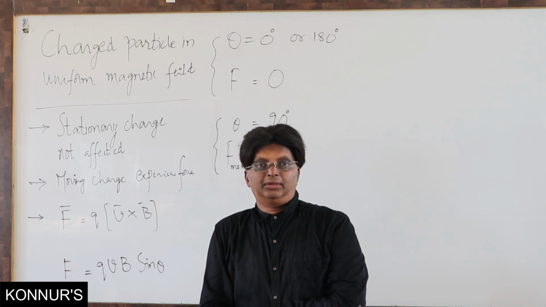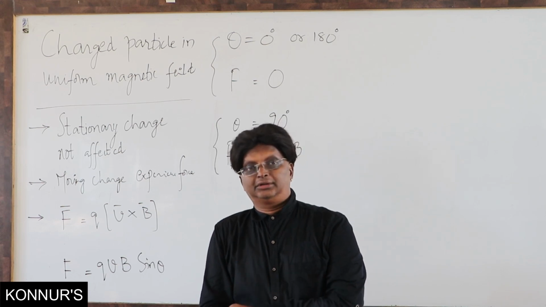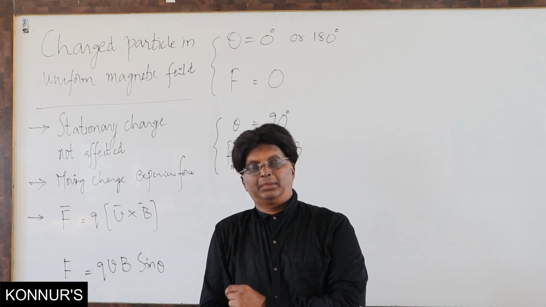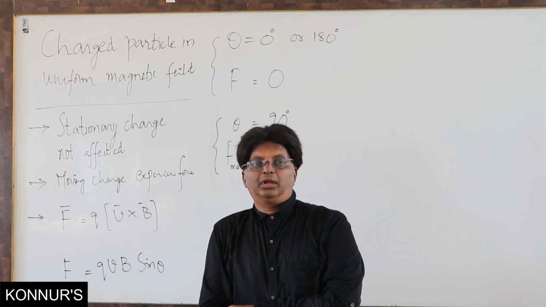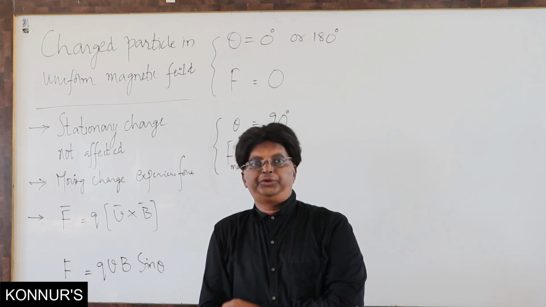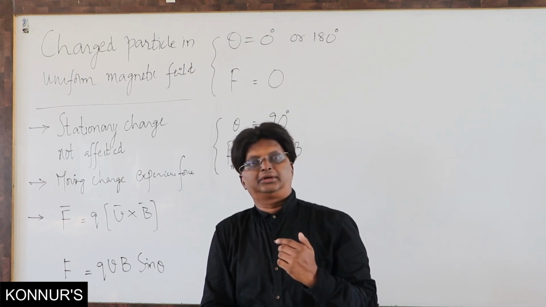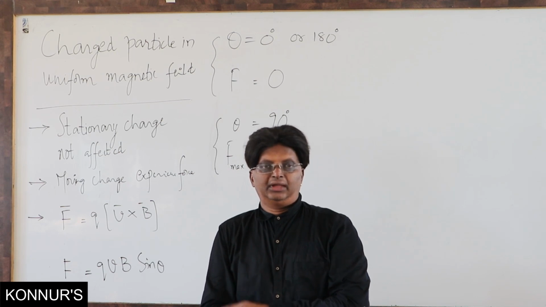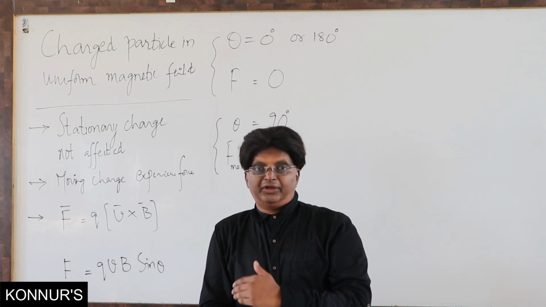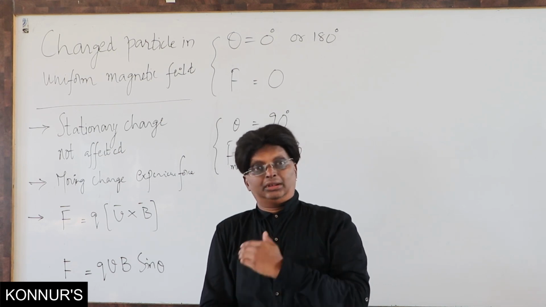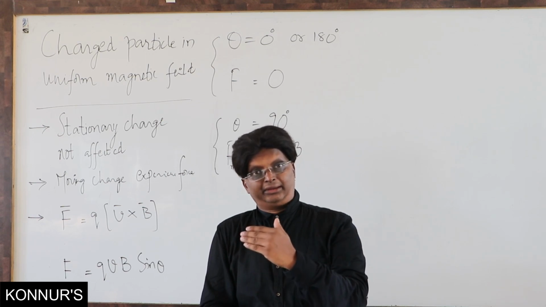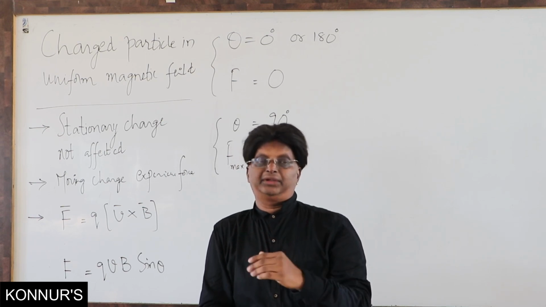This time the topic is charged particle placed in magnetic field, and we'll continue this topic into 3 to 4 topics. First we begin with a single charged particle in a magnetic field. Then we continue with a large number of charged particles, like a current carrying conductor placed in a magnetic field.